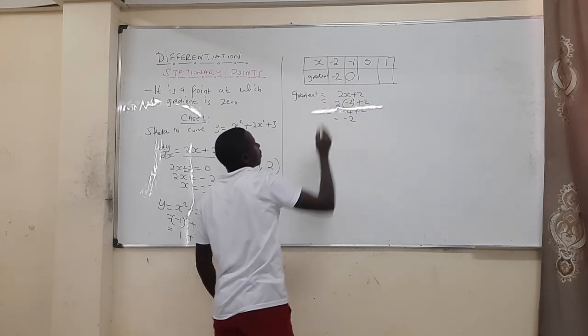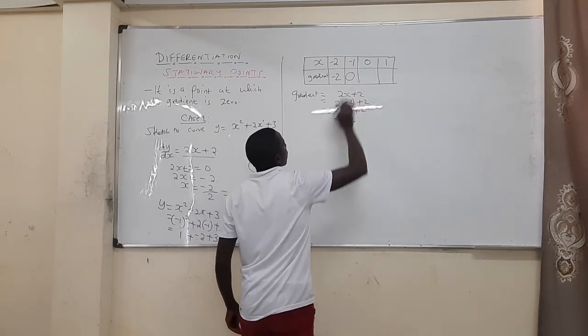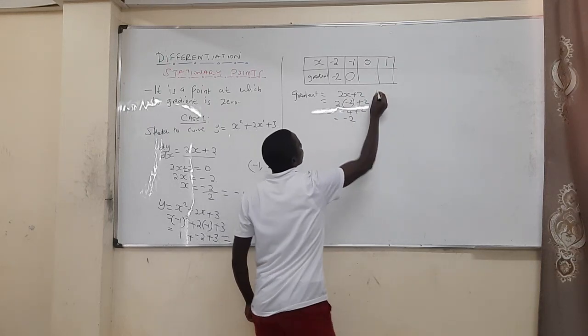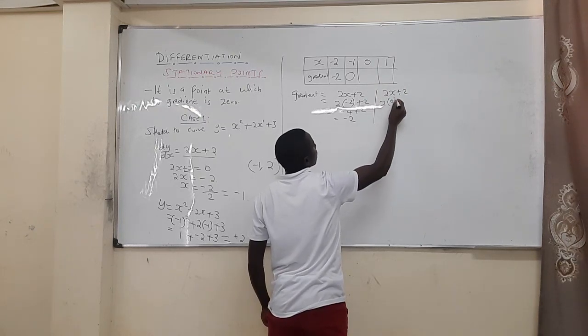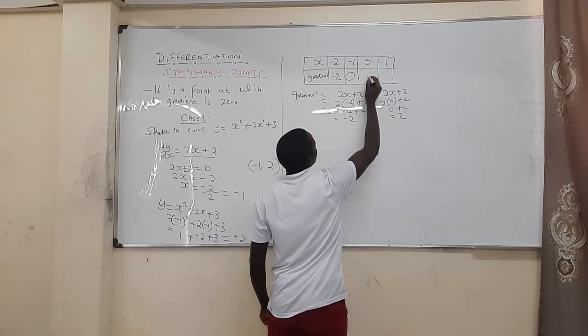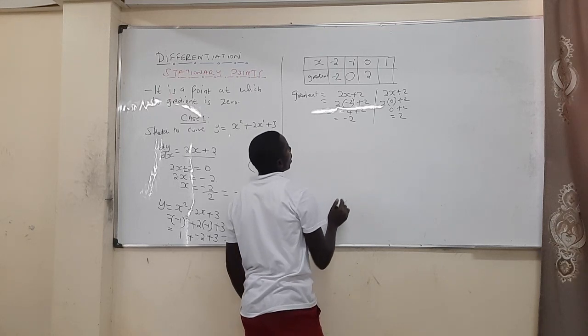So on the left hand side of the stationary point the gradient is minus 2. Then on the right hand side, you can use the value 0: 2 times 0 plus 2, we get 2.